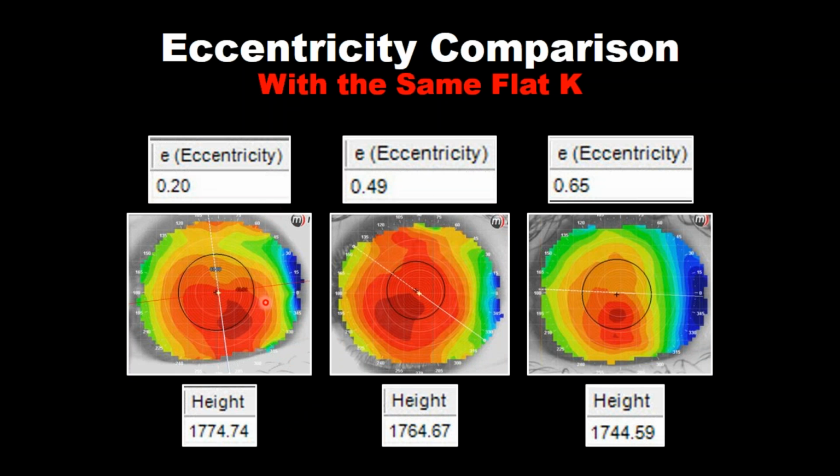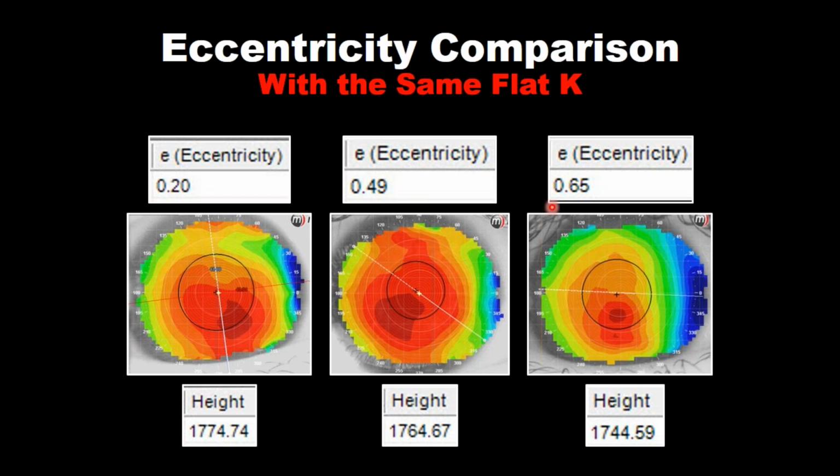With the lowest eccentricity, we have the highest sagittal depth, 1774. When we increase eccentricity, keeping the central radii the same, that results in a drop in sagittal depth down to 1764. So we've lost 10 microns by increasing the eccentricity.